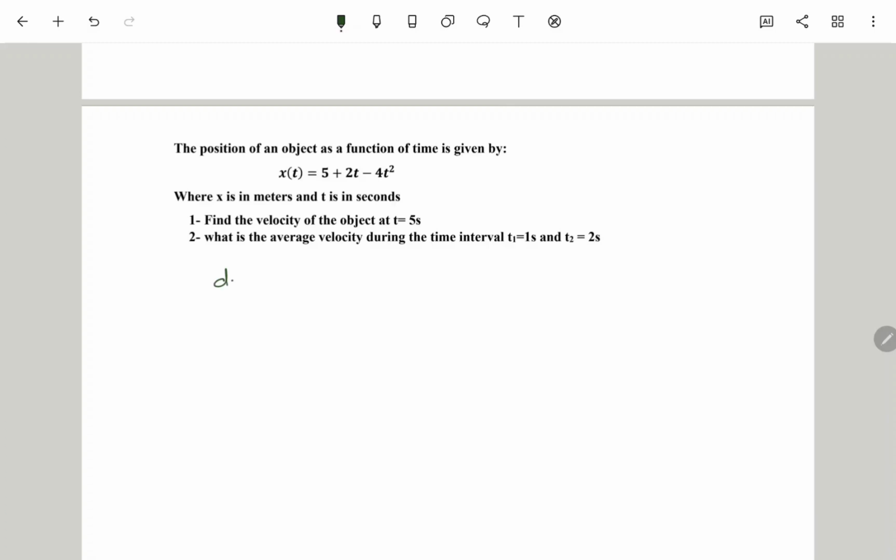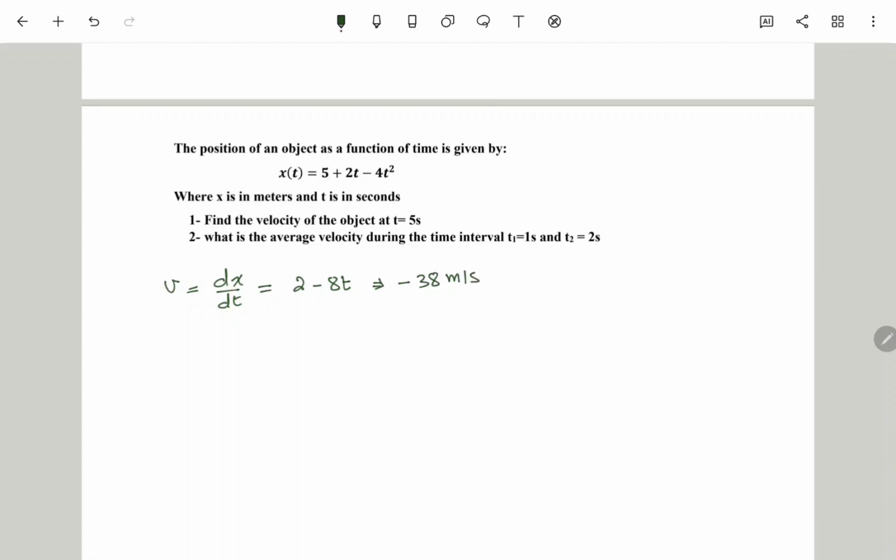In this case, dx by dt equals 2 minus 8t. Now t is equal to 5, so the instantaneous velocity is 2 minus 40, which is minus 38 meters per second.